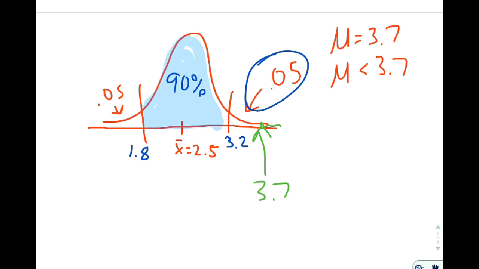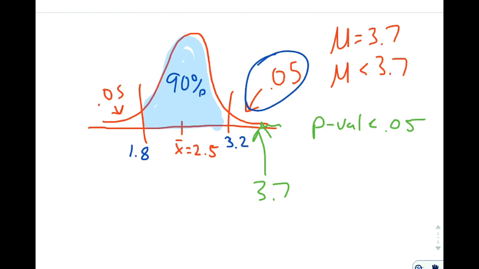It's hard to tell exactly how small, but what I do know is that if this tail is 5%, then the region bounded by 3.7 is something less than 5%. Now because it's less than 5%, and that's our general alpha, in this case it is our alpha, we would reject. So by falling outside of the confidence interval, we reject.